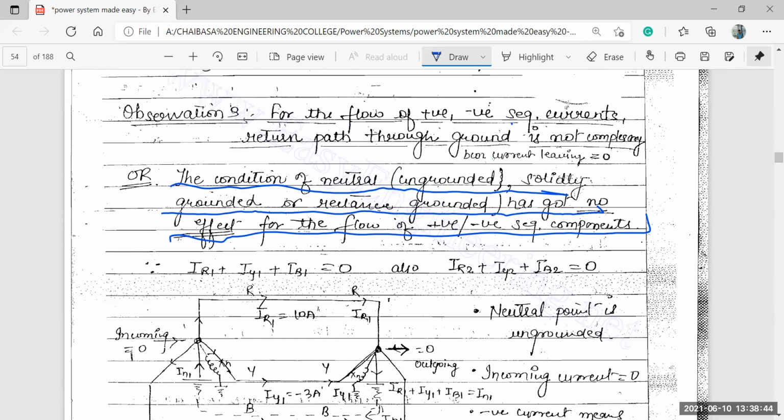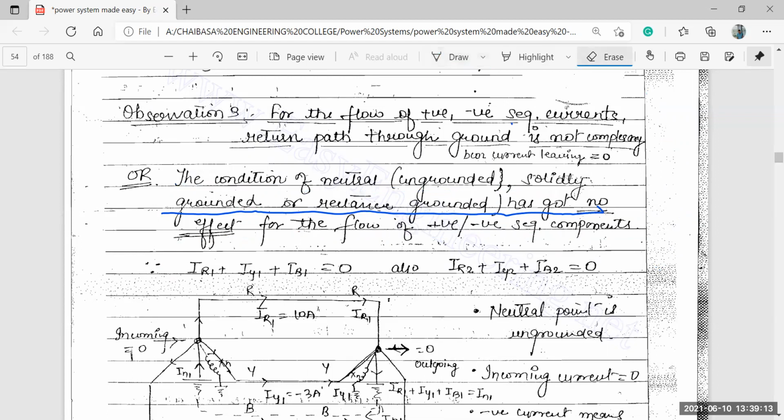Either you follow this terminology or they follow that terminology. For the flow of positive sequence and negative sequence current, the return path to the ground is not compulsory, and the condition of the neutral, ungrounded, solidly grounded or reactance grounded, has no effect on the flow of the sequence currents.